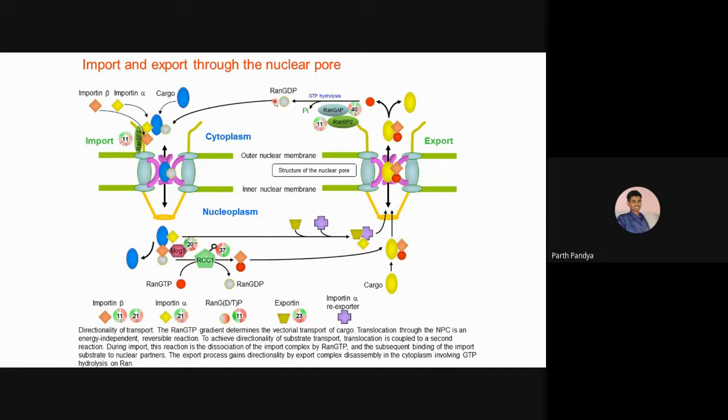RAN here is activated once it is GTP bound, and it is inactivated when it is converted to GDP. So the more the GTP, the more the RAN will be activated; otherwise it won't be activated.